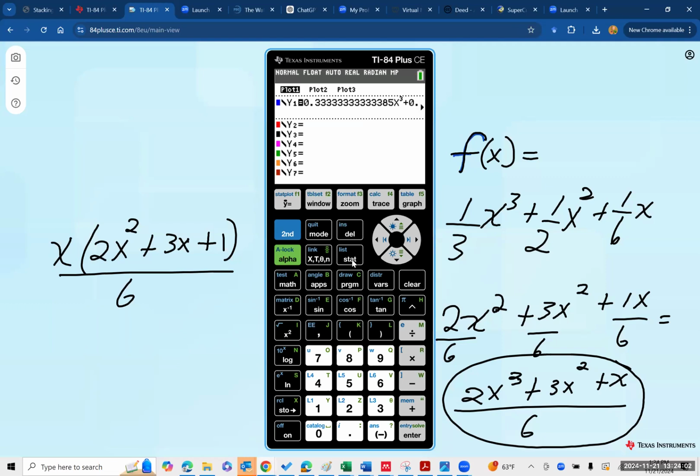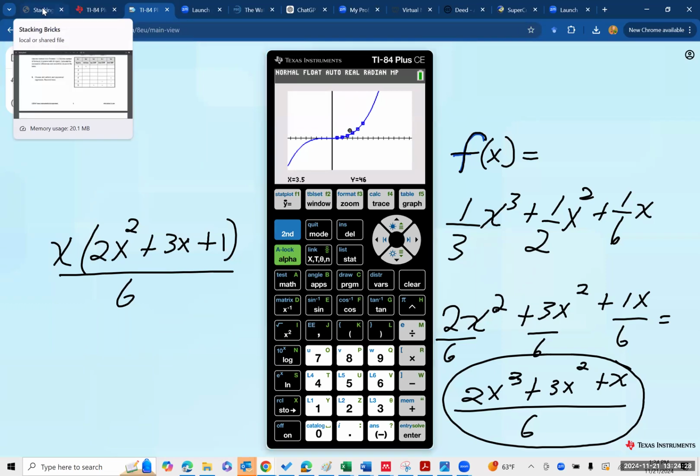And if I do zoom 9, those are the points. And let me zoom out just so you could see that it's indeed a cubic. So that's a full cubic. One thing to keep in mind if they ask you about the domain, because we're talking about stacking bricks, it only makes sense for positive x's.